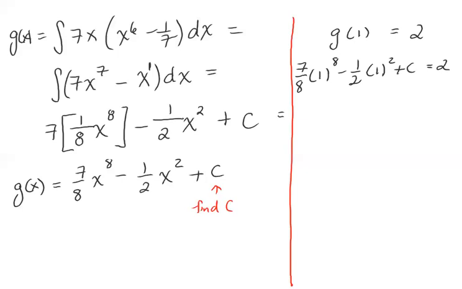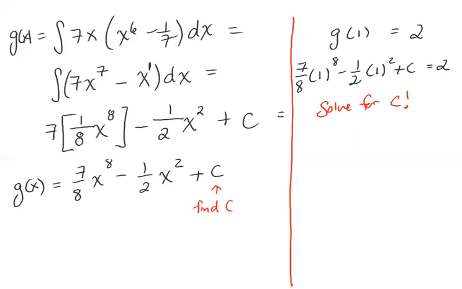Well, now it looks like all I have is numbers, except for c. c is an unknown constant. I could use this to solve for c. Let's solve for c.